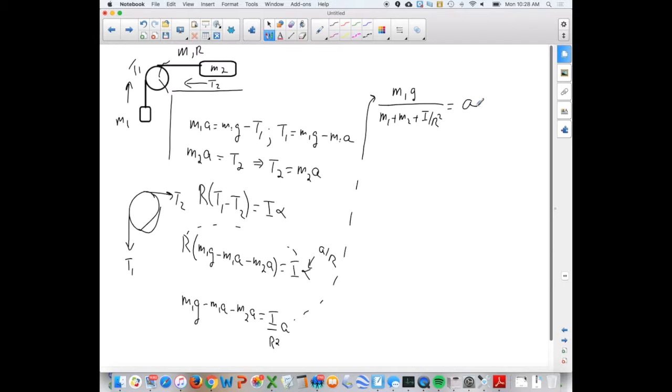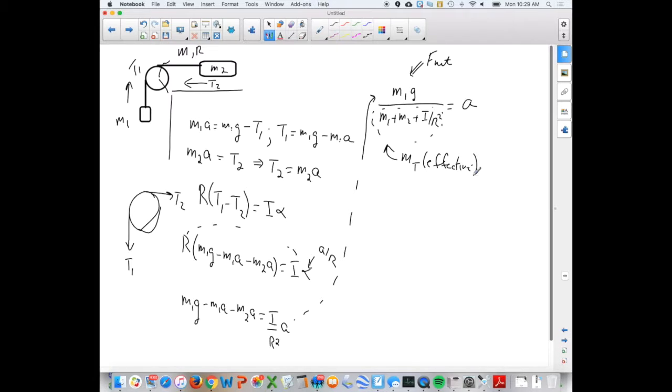So again, I have the net force on the top, and then I have effectively the total mass, and I'm going to put effective there because what we're doing is accounting for the inertia of the pulley.